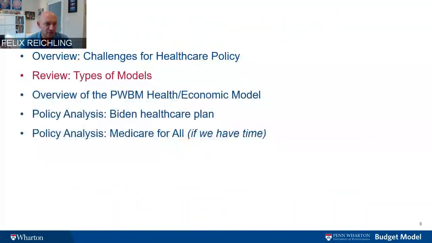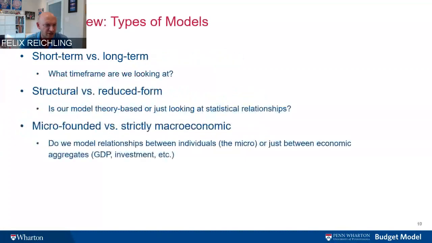Okay, so let's talk about the types of models. This is a review, so I think you have mostly learned about this already. There are different types of models: short-term versus long-term. What time frame are you looking at? Structural versus reduced form.